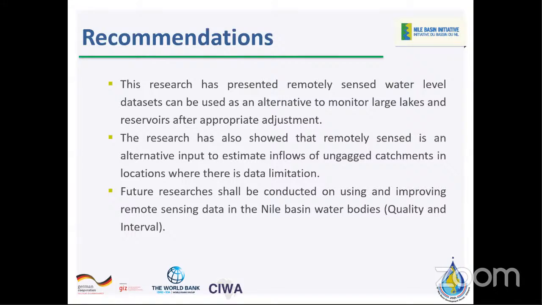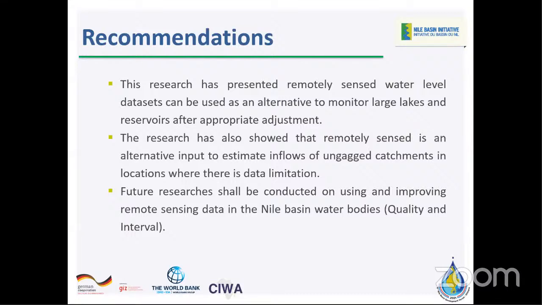So remotely sensed data can help on monitoring this data for water resource development. This study also revealed that the remotely sensed data, now we specifically used altimeter data, can be used as an input to hydrological models to estimate inflows or flows in ungauged catchments.